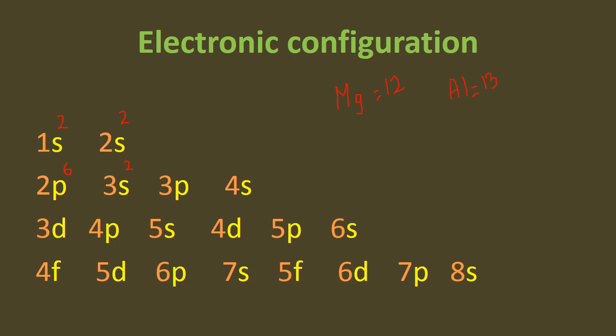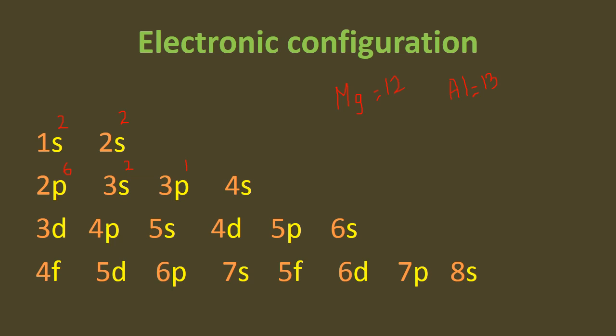Now they are 12, while the atomic number of aluminium is 13. 3s cannot accommodate more than 2 electrons. The remaining 1 electron will move to 3p. So that's why aluminium belongs to group number 13, and it has 3 electrons in its outermost shell.